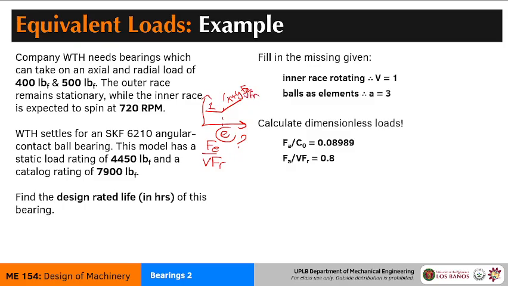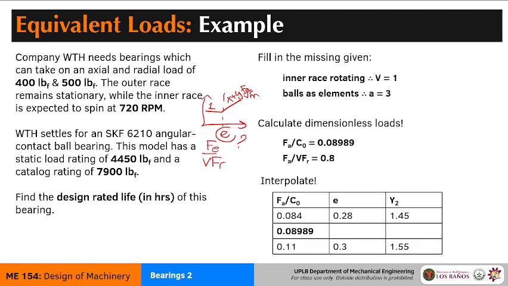So right, to do that, let's go to our table. I obtained these particular values. This is your Fa over C0 row. This is your abscissa e. Your computed Fa over C0 is actually in between the following values, and what you can do is interpolate. Why is Y2 here?